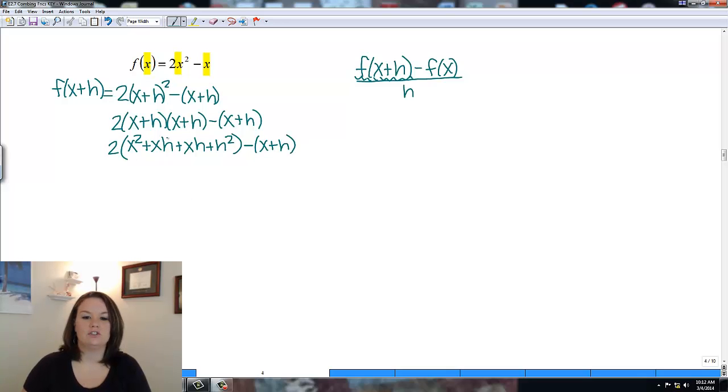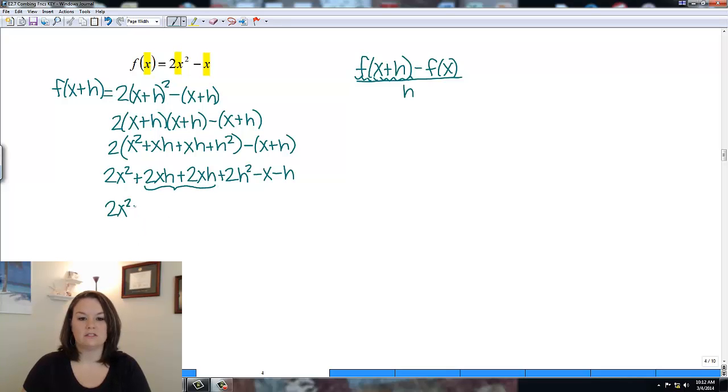Okay, so I'm going to distribute the 2 and distribute this negative. So I get 2x squared plus 2xh plus 2xh plus 2h squared minus x minus h. And then notice I have like terms here that I can combine.